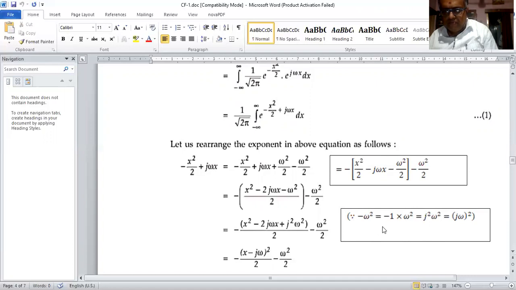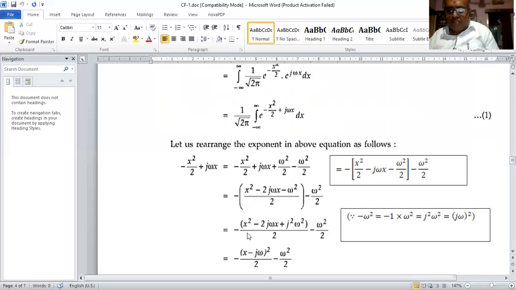Minus omega squared can be written as minus 1 into omega squared, or minus 1 becomes j squared. j squared is equal to minus 1 from complex variables, so that's what I am using. So j squared omega squared. Now combine j and omega under a single power, so j omega the whole squared.